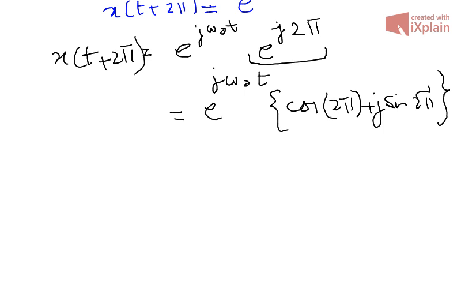Sine of 2 pi is 0 and cos of 2 pi is 1. So you are left with e raised to the power j omega naught t.